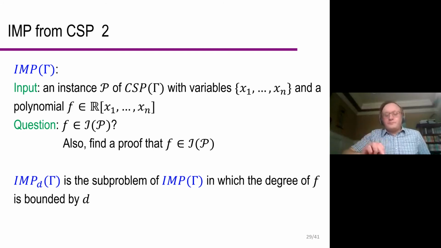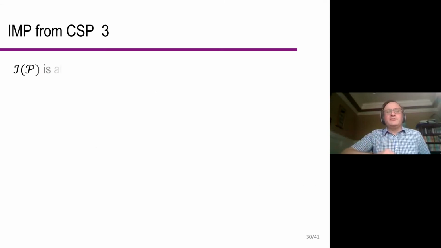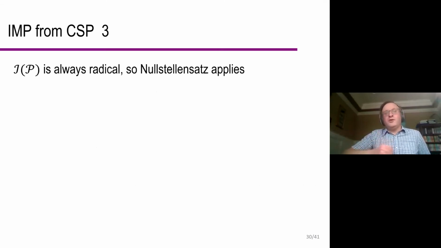Okay. And the final transformation to the form of the IMP of gamma, we're going to use it. And as we shall see, it goes quite a bit closer to a combinatorial problem than it used to be in the very beginning. So what I will observe is that I_P is always a radical ideal. This is because the domain polynomials belong to that ideal, and so Nullstellensatz applies.